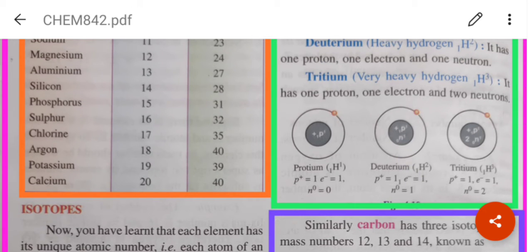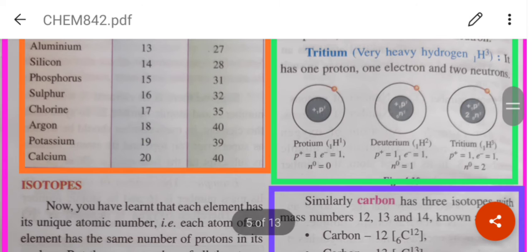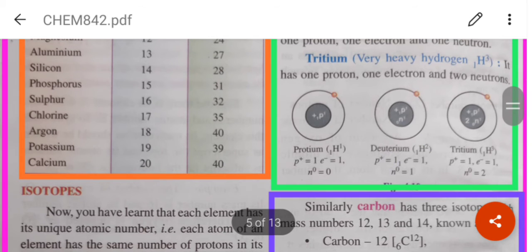Here, how many protons are there? There is 1 proton, 1 electron, but the number of neutrons is 2. So in this case, what do you see? All these 3 isotopes of hydrogen have the same atomic number, that is the number of protons, which is equal to 1.